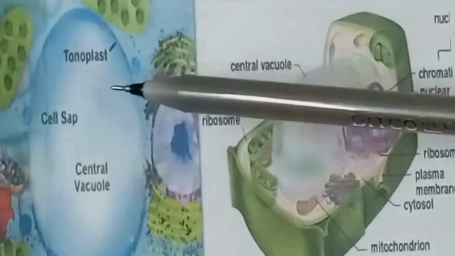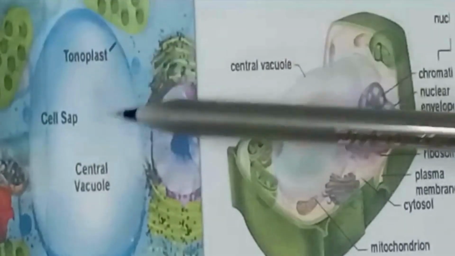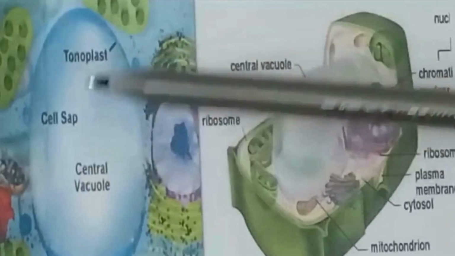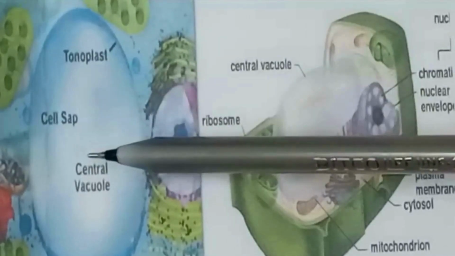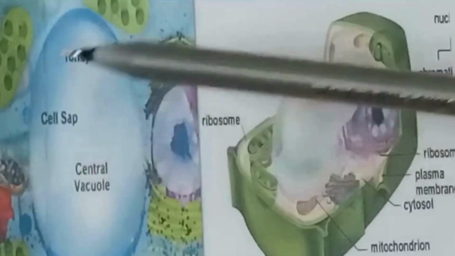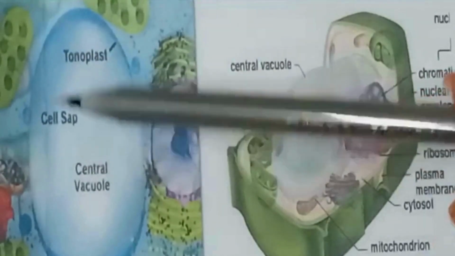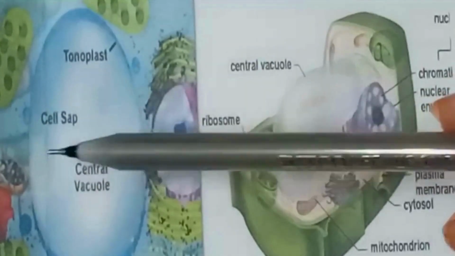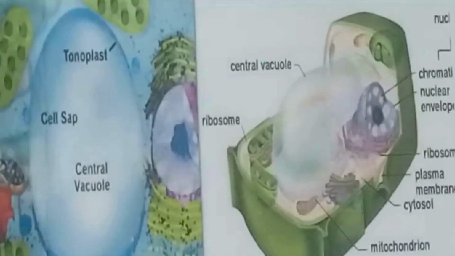The food vacuole is present in protists, which helps in engulfing food particles. And the gas vacuole, as we already discussed in the prokaryotic cell, is found in prokaryotes and provides buoyancy to the cells.